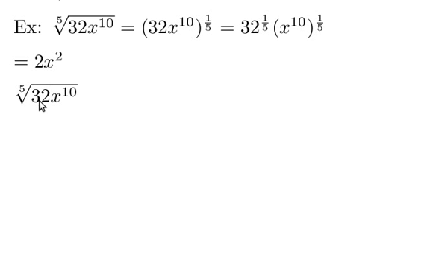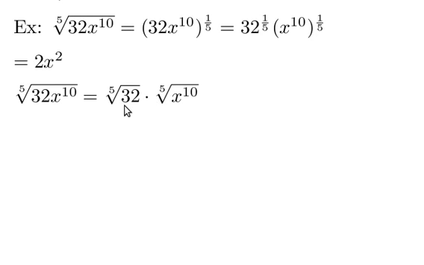Let's say we have the fifth root of 32x to the power of 10. Well, of course that's the same thing as the fifth root of 32 times the fifth root of x to the power of 10.